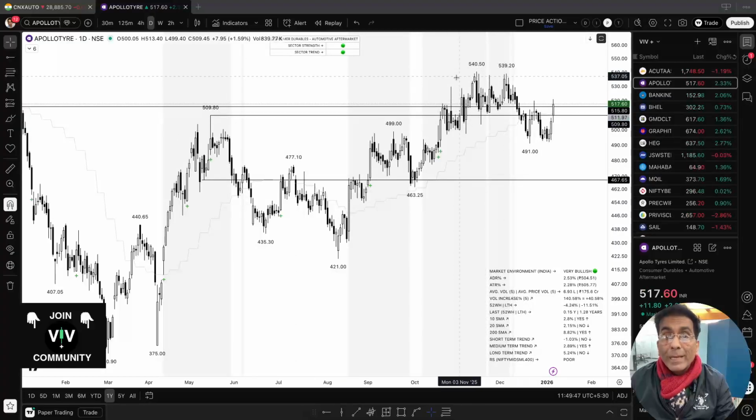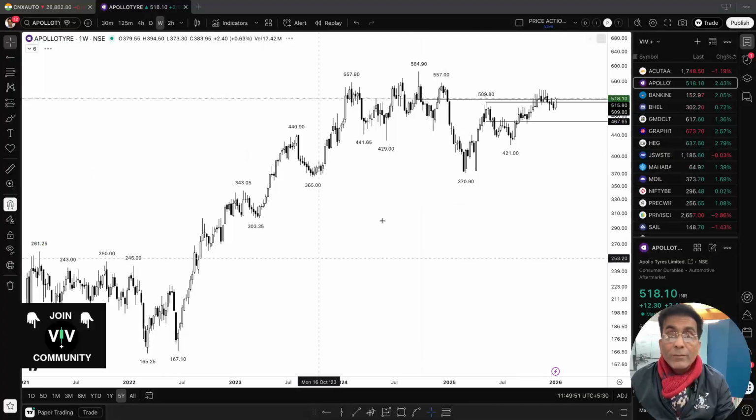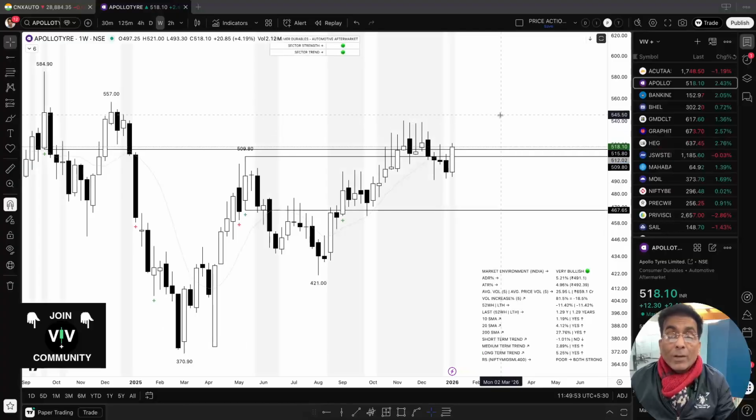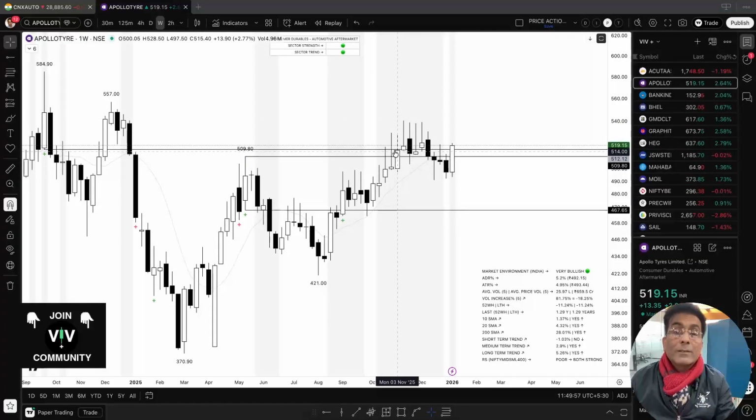This was a base, then it went down, a shakeout. But our wave system was telling us that the trend never changed. For one week the trend changed, but again it is getting positive.